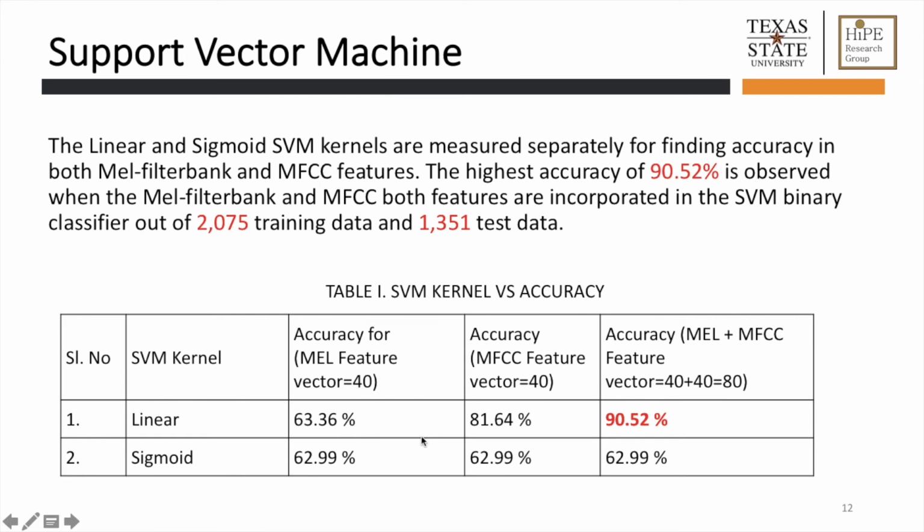From the result, using only Mel-Filterbank, we got 63% accuracy with the linear kernel, but using both Mel and MFCC features, we got 90.52% accuracy. We have used 2075 training samples and 1351 testing samples. These are actually the number of frames that were used for training and testing.